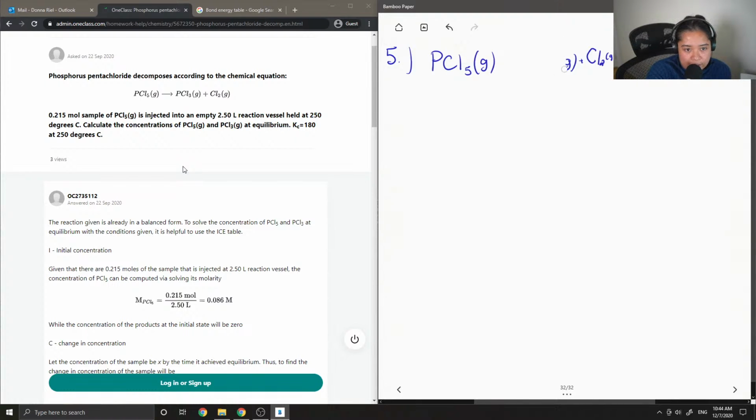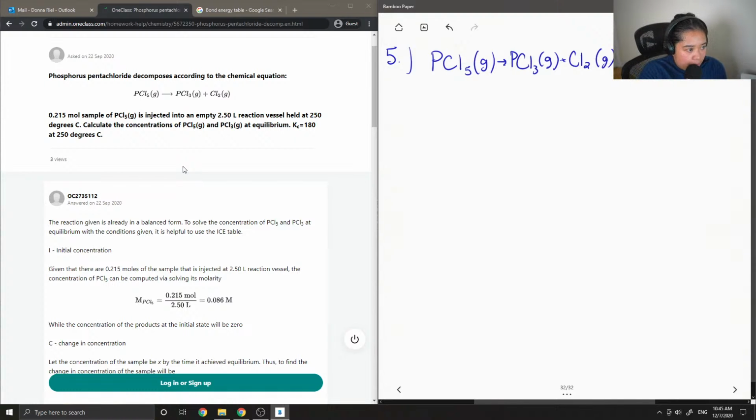Just move everything over. Okay, so the equation is already balanced. There's 1 phosphorus on each side and 5 chlorine atoms on each side as well.